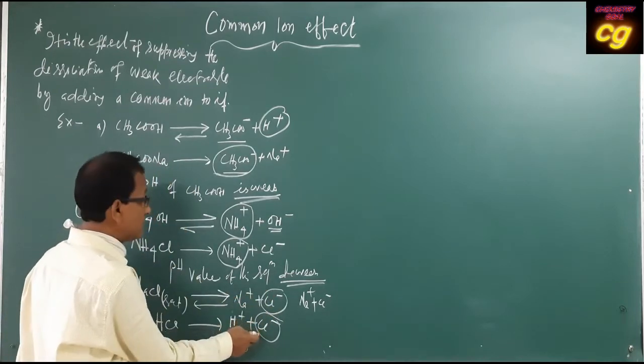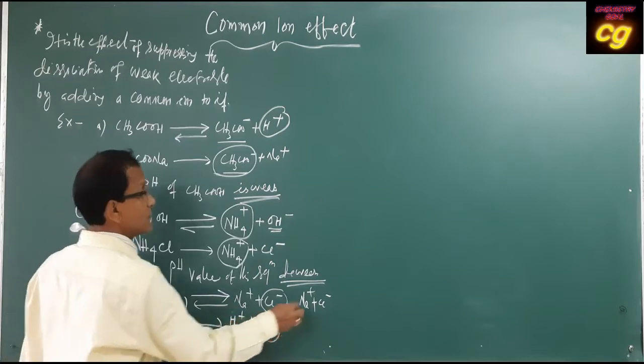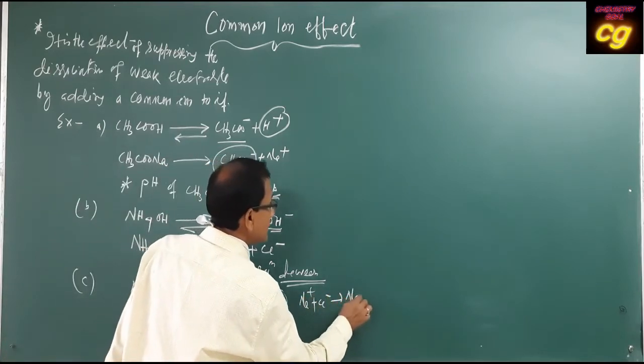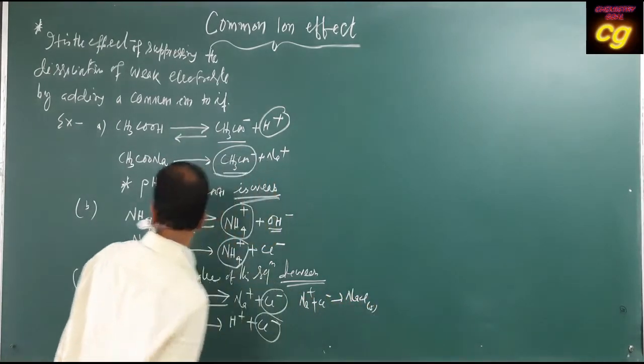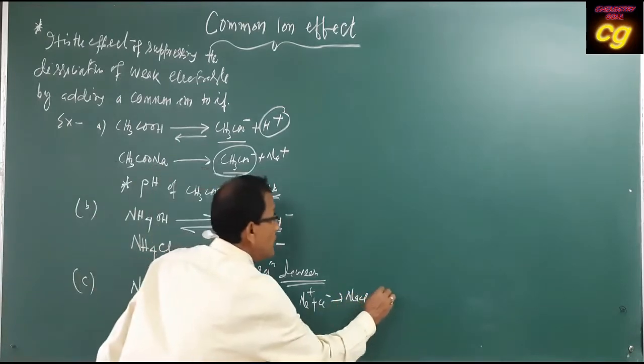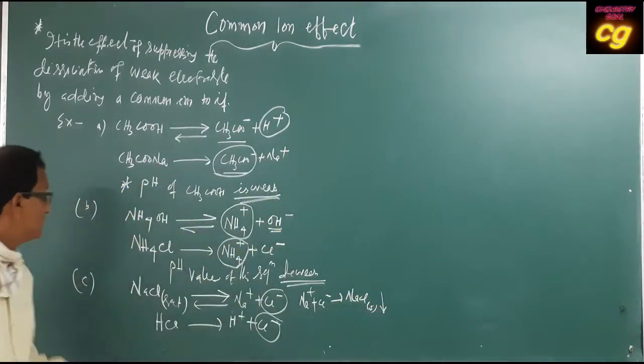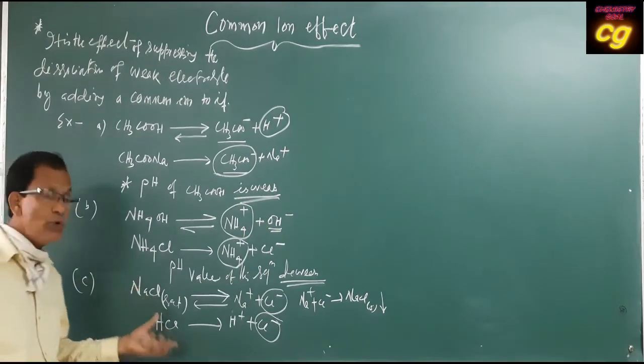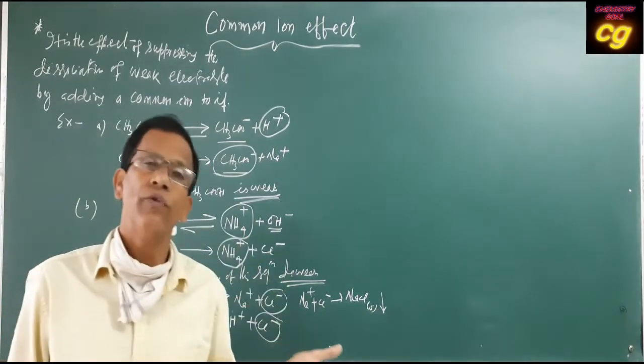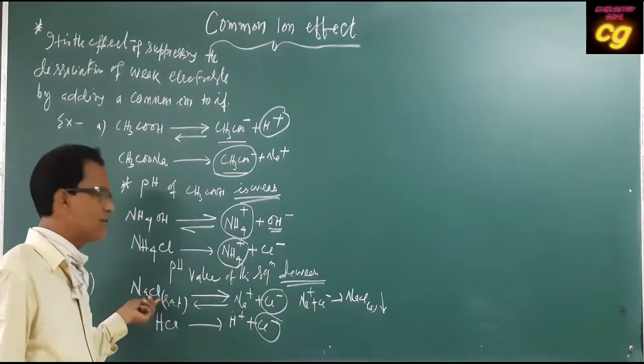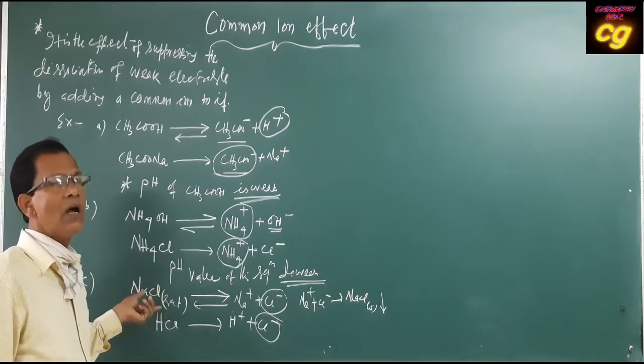Cl minus increases, so it combines with Na plus, forming NaCl. That means NaCl will be precipitated, and the impure NaCl will be purified, recrystallized from the solution.